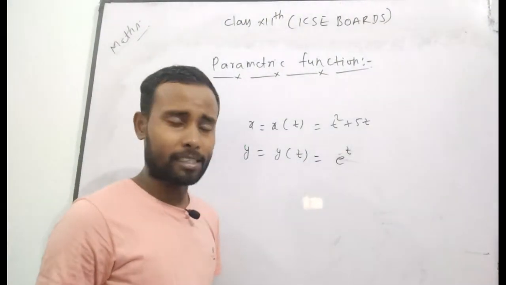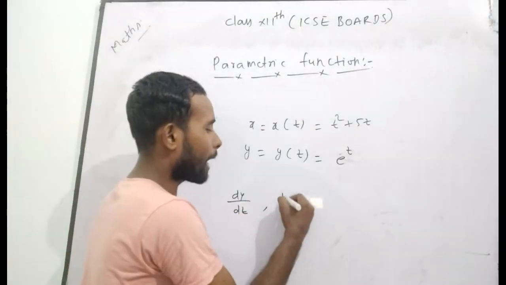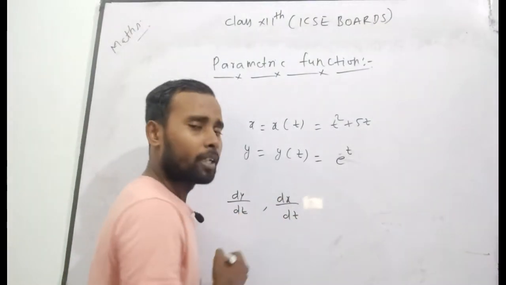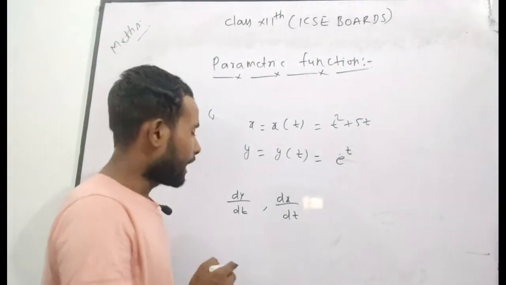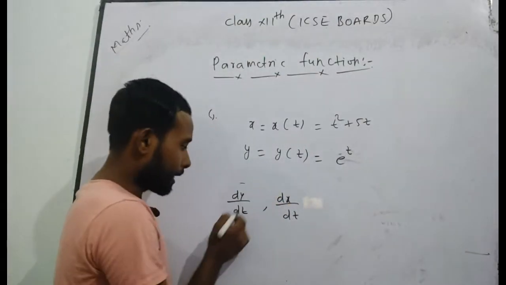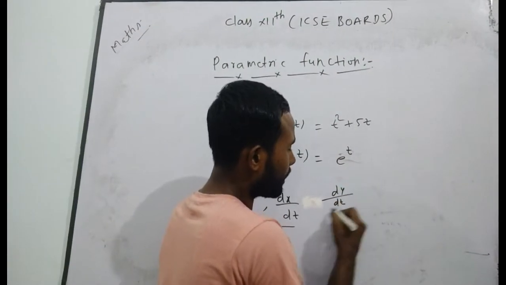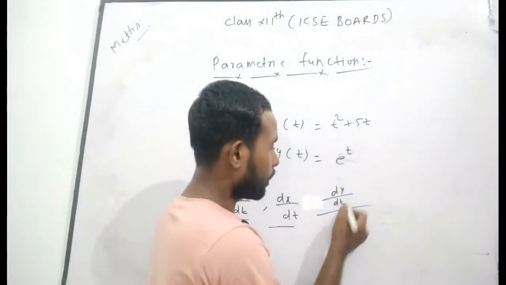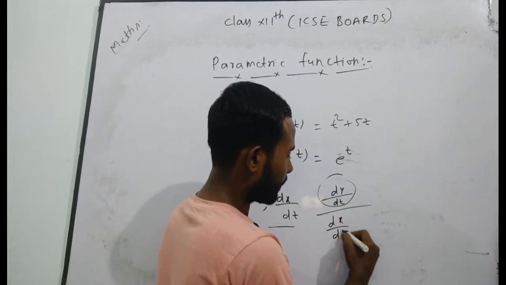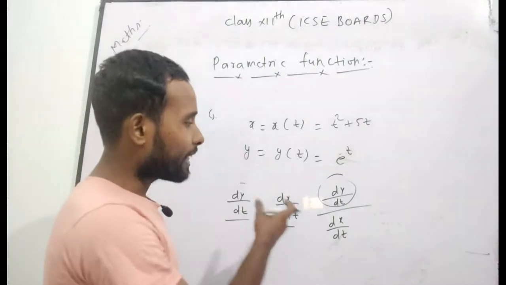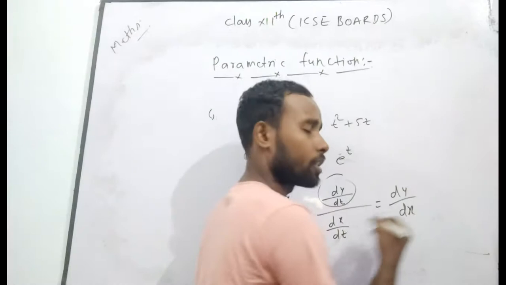In that case, in order to find the value of dy dx, that means the derivative of y with respect to x, you have to find firstly dy dt and thereafter you have to find dx dt. After finding dy dt and dx dt, if you take the ratio of the derivative of y with respect to t and dx dt, definitely it will give you dy dx.